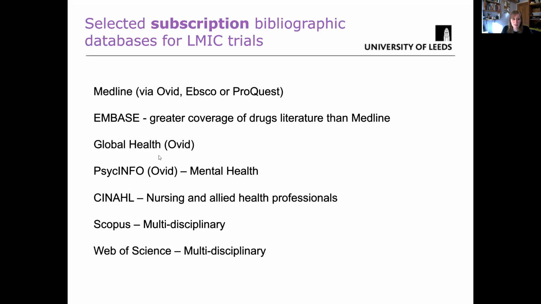There is a subscription database called Global Health available to us via Ovid, so we've found that useful for our low and middle income country reviews. PsycInfo for mental health, CINAHL for nursing and allied health. And we sometimes use the large multidisciplinary databases. We've got Scopus and Web of Science here at Leeds that we search, and they cover a huge range of science, but also social science and humanities topics.